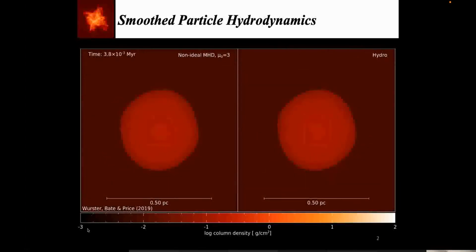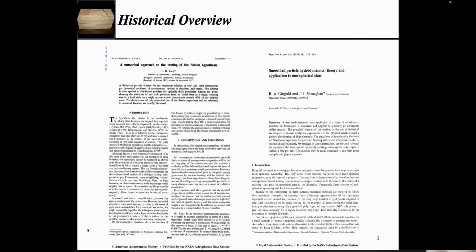And it started back in the late 1970s with these two seminal papers, one by Lucy and the other by Gingold and Monaghan. Oddly enough, both Lucy and Gingold are no longer in academia. Joe Monaghan, however, is still very active, and I personally am lucky enough to have had the chance to know him and to work with him for a while.